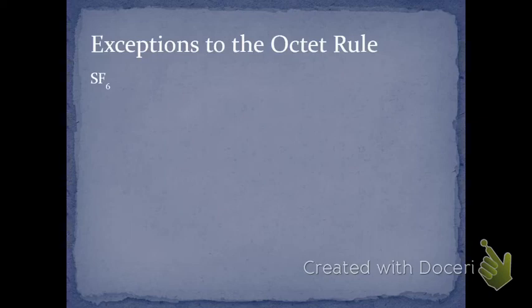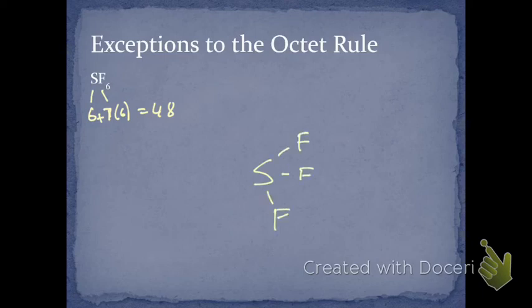SF6. Sulfur is 6, fluorine is 7. There are 6 of them, so that's 42 plus 6, which is 48. So let's check this out. Fluorine is going to bond 6 times to sulfur.